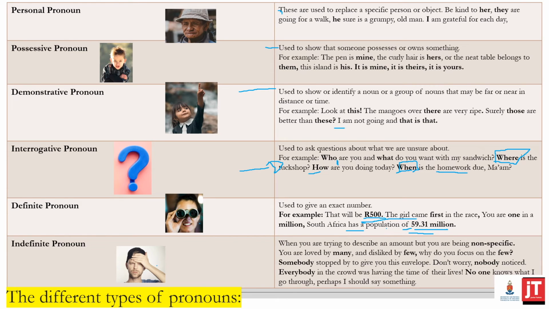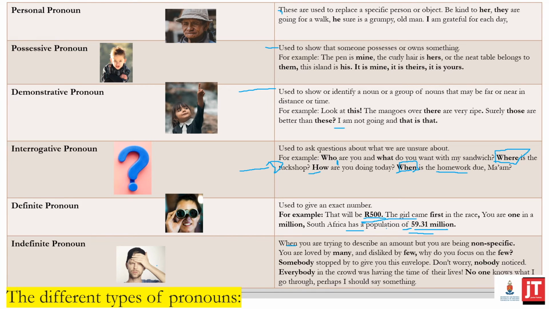Those are your visual cues. Anyway, when you are trying to describe an amount, but you are being non-specific, that is when you are using an indefinite pronoun.